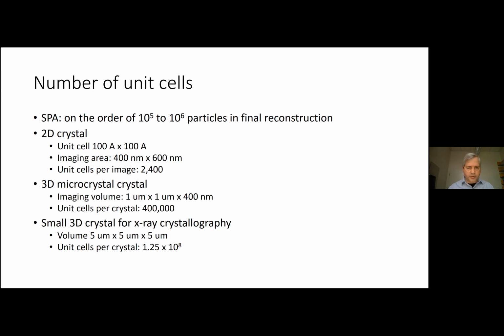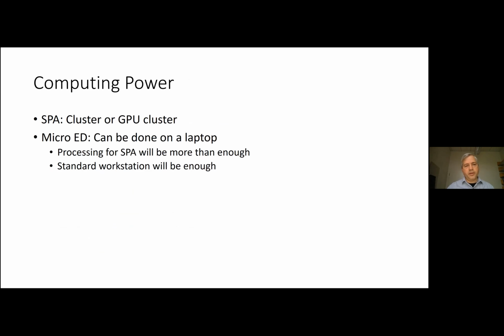That would give around 10 to the 8 unit cells. Again, everything has been oriented in the same way, so there's no alignment that needs to be done. That's why the thermodynamics, or entropy, have naturally given you a lot of information, so you have to do a lot less processing.